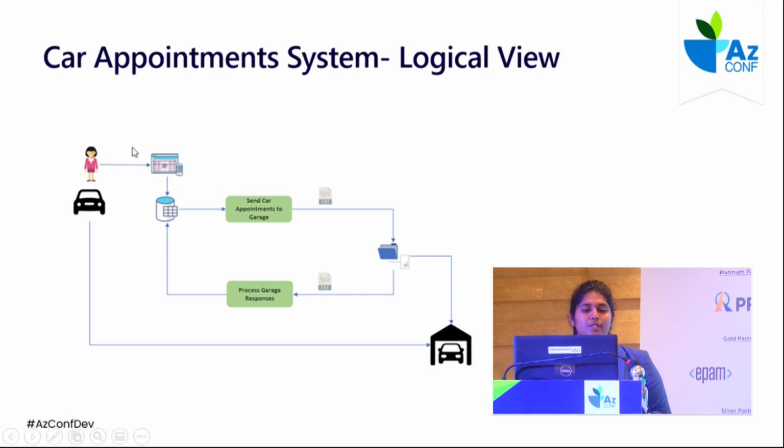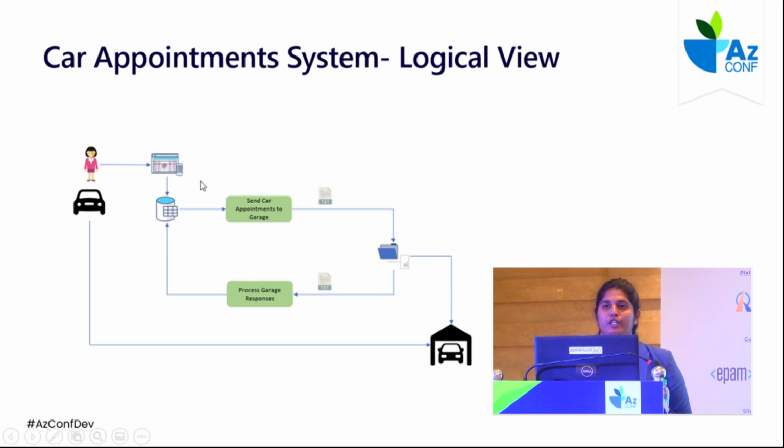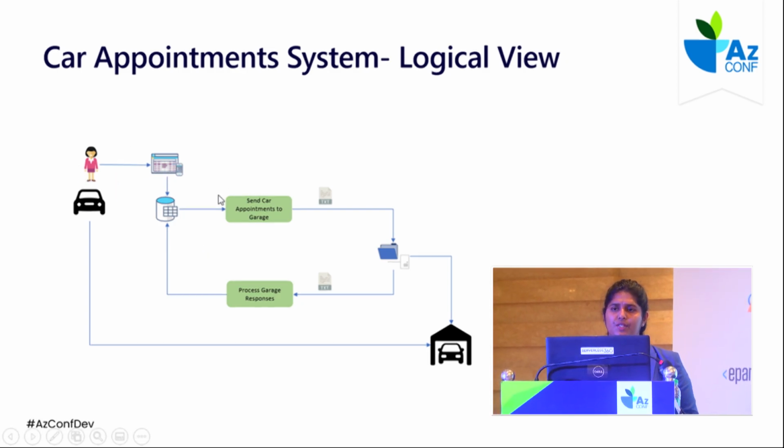I have a representative who pushes information into my database, which is an existing system, and I'm going to bring in integration between my existing database and my backend processing application. Yes, so I need a component here that can send the car appointments to the garage, and I need another component here that's going to process the garage responses and send it back to the existing system's database.